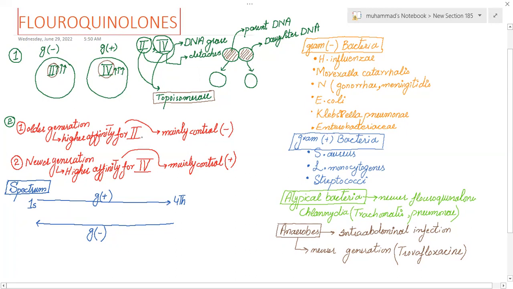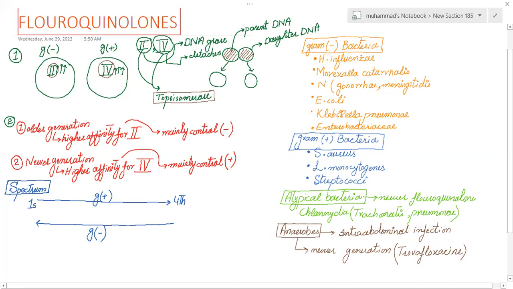So that's why the older generation controls the gram-negative bacteria, and newer generation controls the gram-positive bacteria. If we move from first to fourth generation, the activity against gram-positive will increase, and if we move from fourth to first generation, the activity against gram-negative will increase.